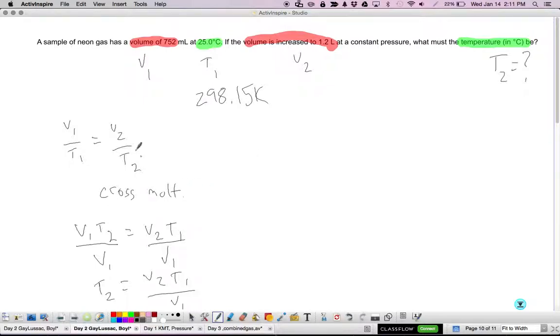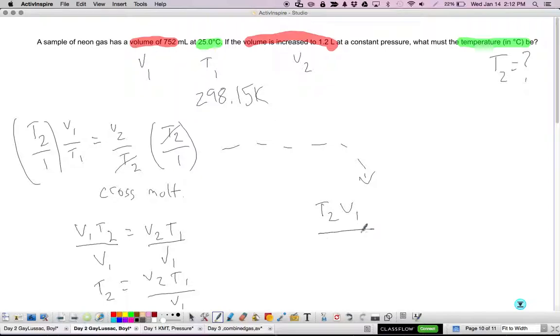The other way is to multiply both sides by T2 over 1. Okay, so if I multiply both sides by T2 over 1, T2 crosses out on the side, and I get T2 V1 over T1 equals V2.